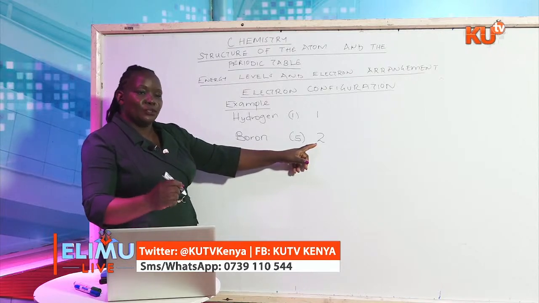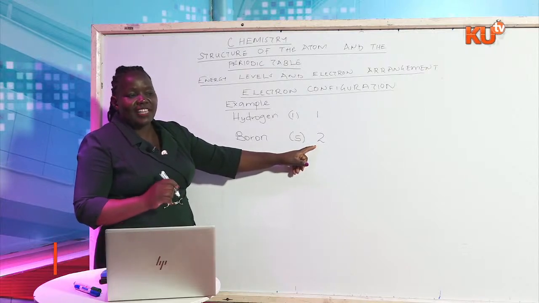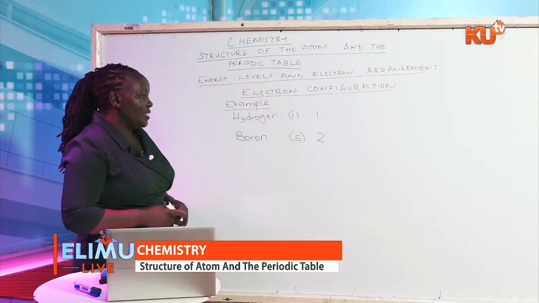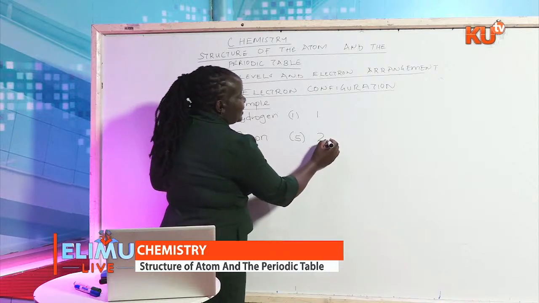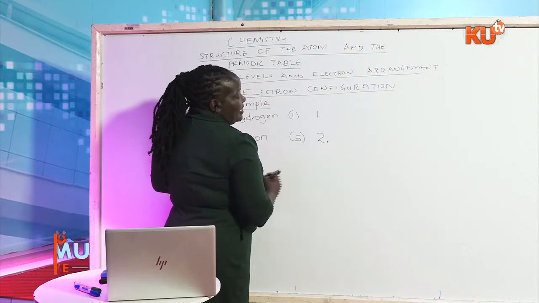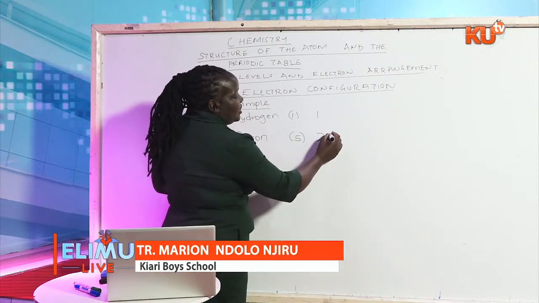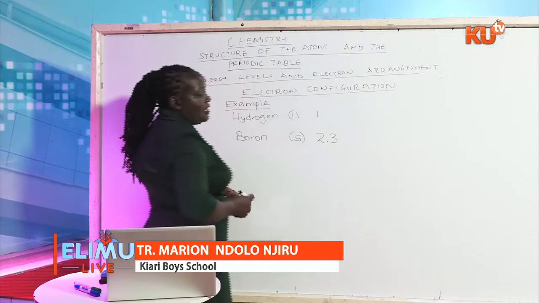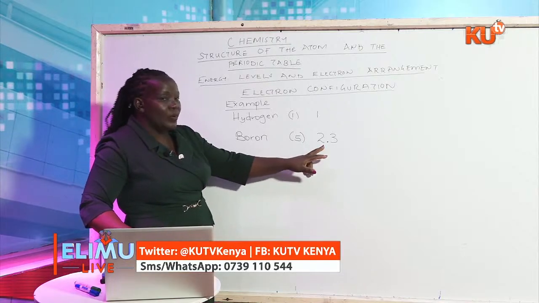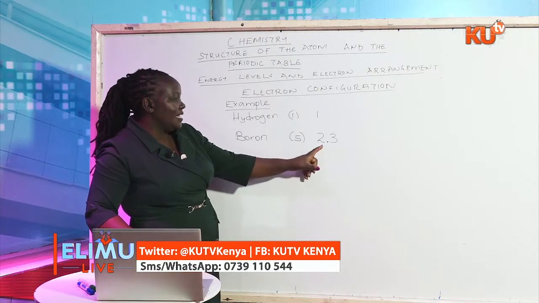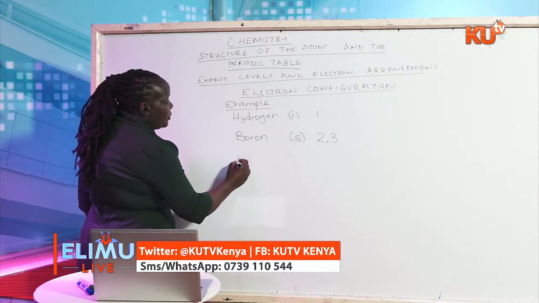The 3 electrons will move to the next energy level, that is the second energy level. Between the electrons of one energy level and the other, we press a dot like that. The electron arrangement of boron is 2.3, the first energy level with 2, the second energy level with 3. Let's look at neon.